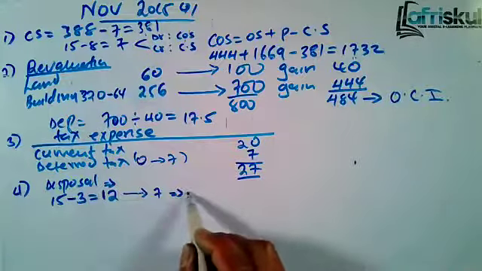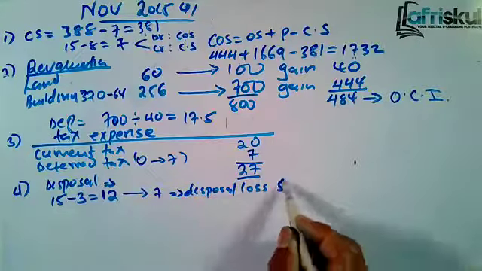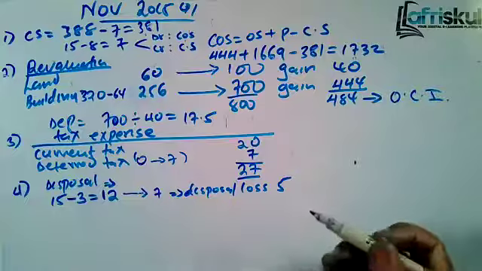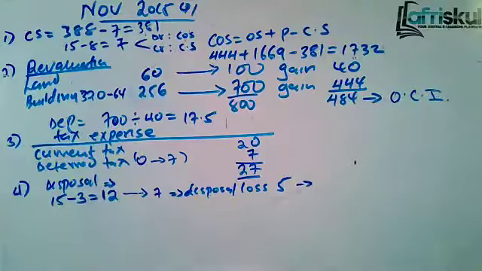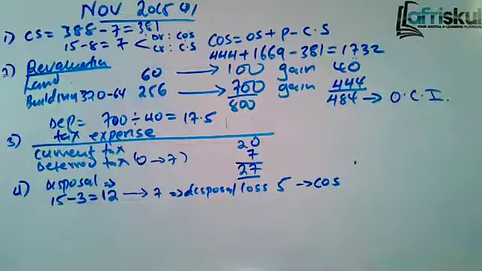So that means we had a disposal loss of 5. And where do we take 5? Remember I said that expenses are either cost of sale, admin expenses, distribution, or finance. So disposal loss, this one you can take to the cost of sale. Good.